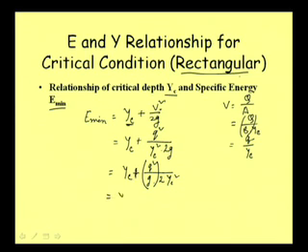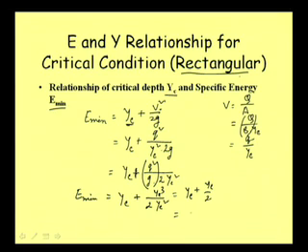So this is equal to y c plus y c cube by 2 y c square, and that will lead us to y c plus y c by 2, and all these we are writing about E minimum.